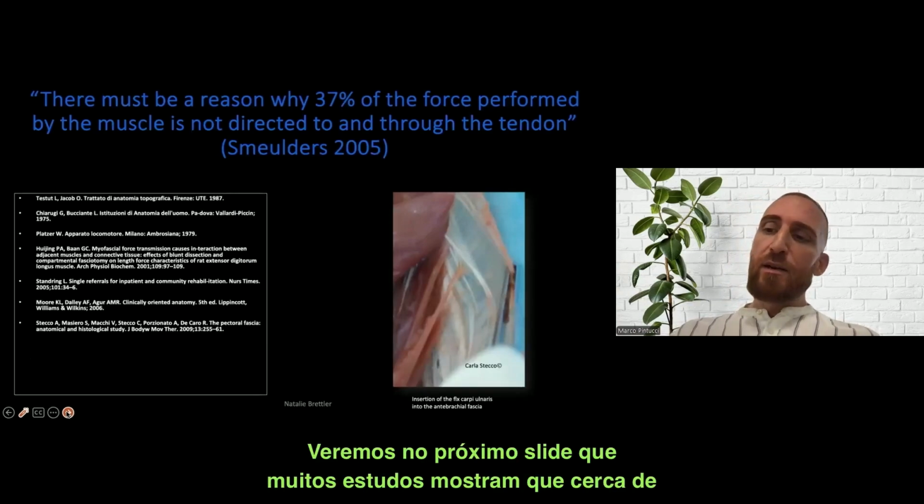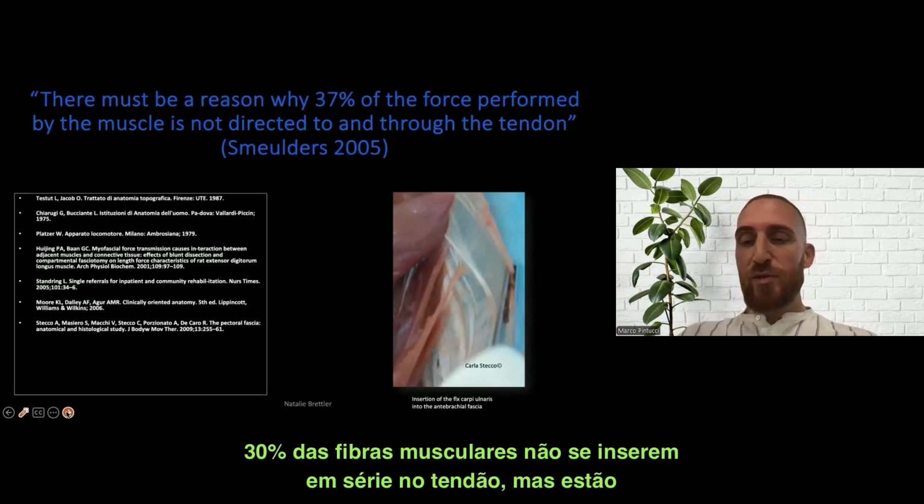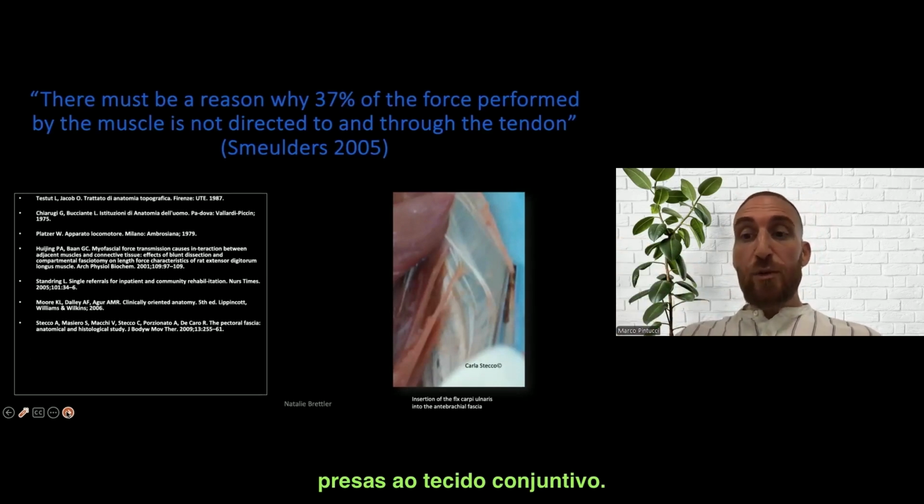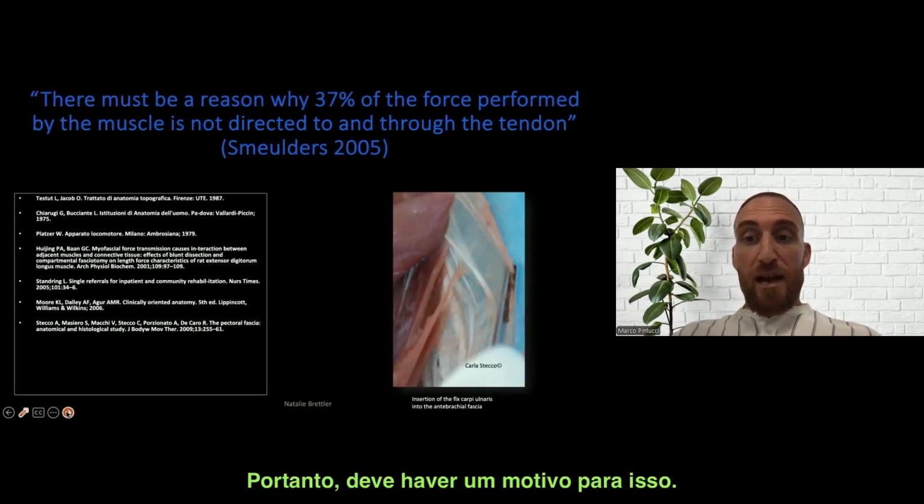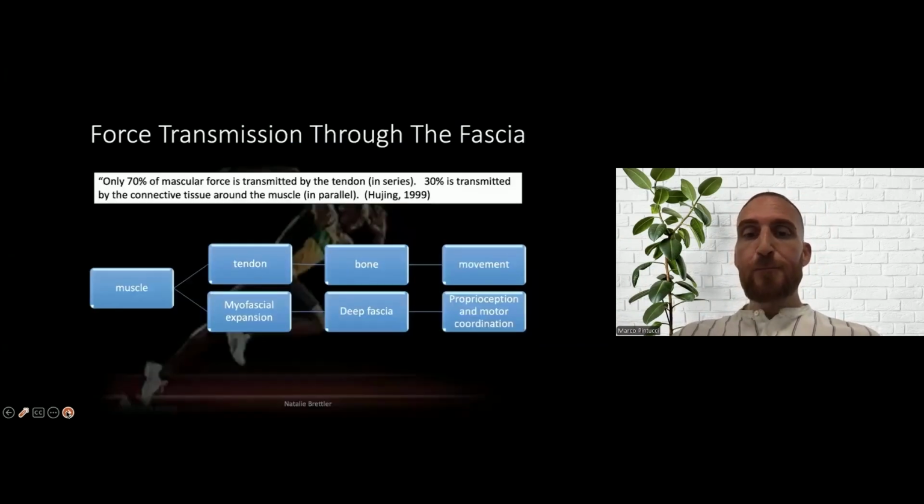We will also see in the next slide that many studies show that around 30% of muscle fibers do not insert in series through the tendon, but are attached to the connective tissue. So there must be a reason for this.